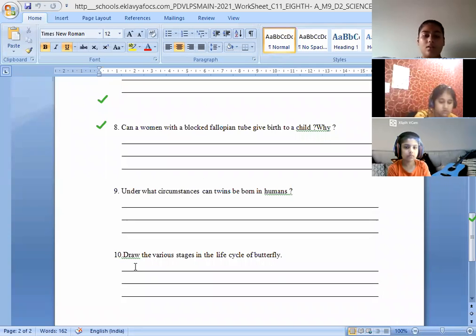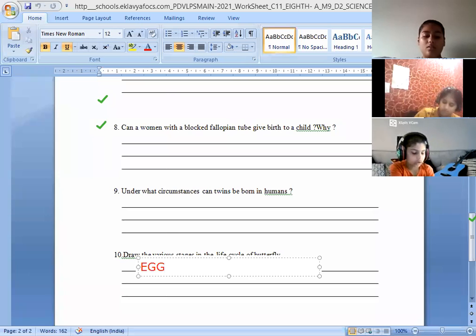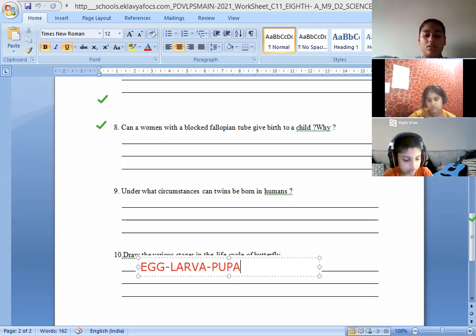First is egg. After that, larva or caterpillar. After that, pupa. After that, adult butterfly.